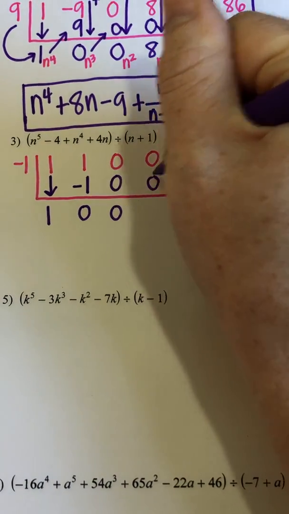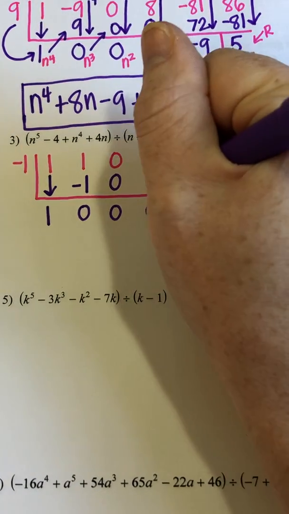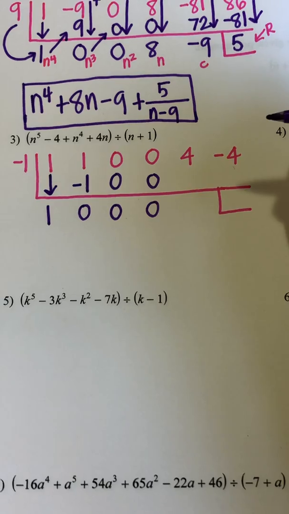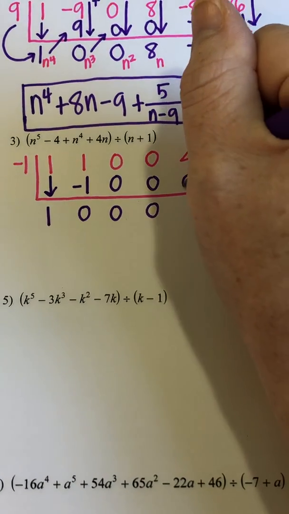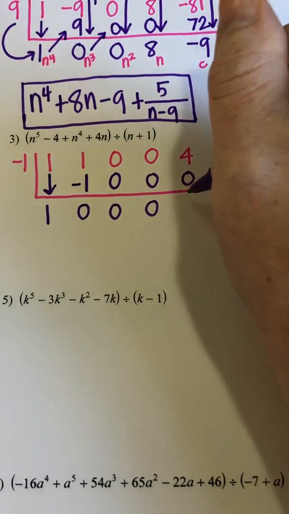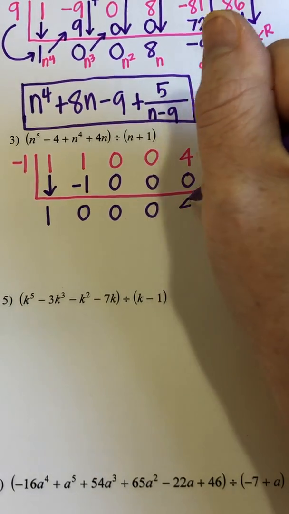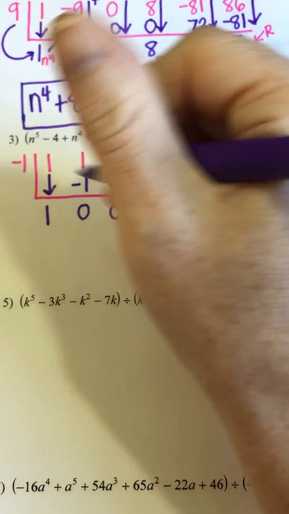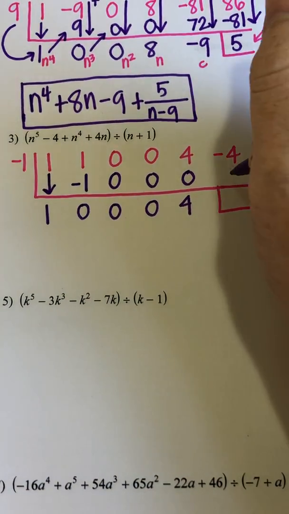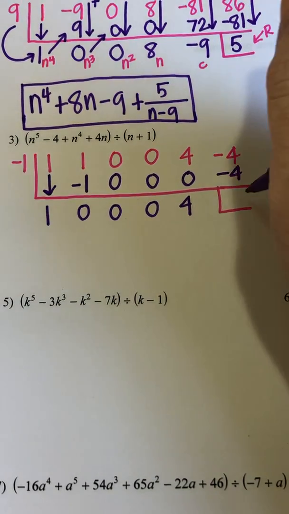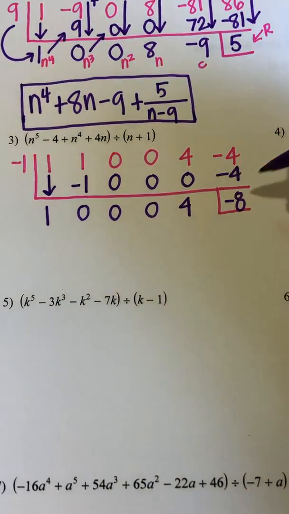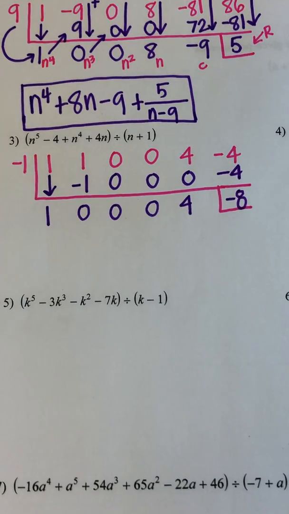Another product of 0. Another sum of 0. Here, another product of 0, but this time my sum is 4. Negative 1 times 4 is negative 4, so my remainder is negative 8.